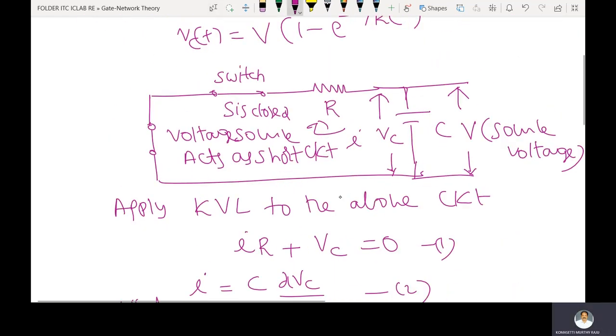In the discharging capacitor circuit, at t is equal to 0, starting from the time period of 0 seconds, the capacitor is fully charged to V volts. That means Vc is equal to V volts.